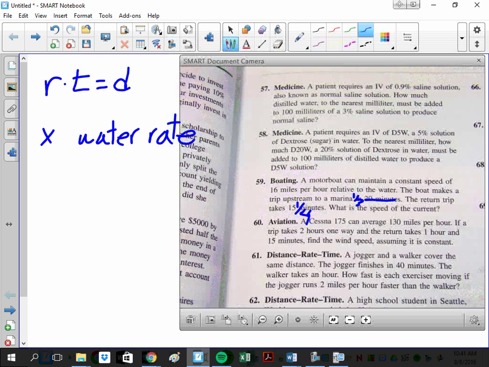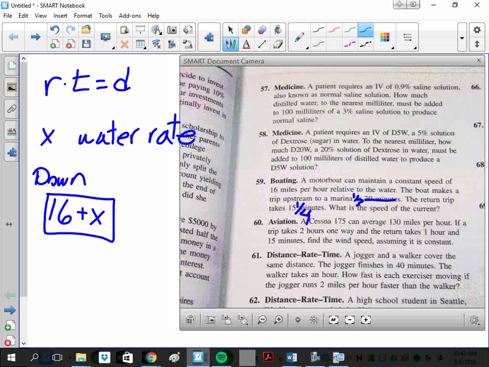So going downriver, we have 16. And what did you say, Daryl? 16 plus x. That is the speed of the boat traveling downriver. What would the speed of the boat be traveling upriver? 16 minus x.